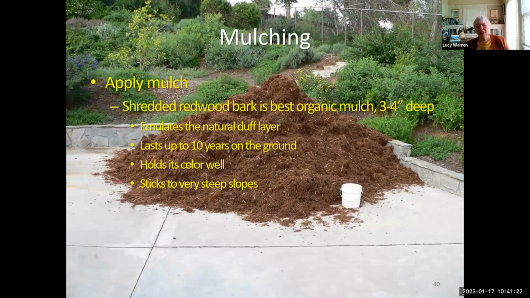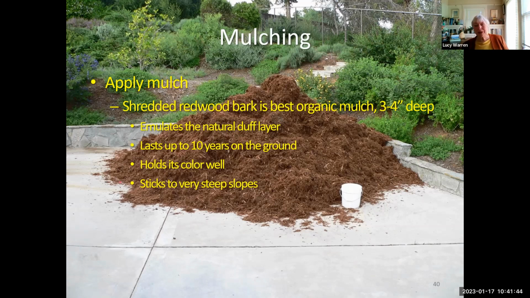Mulch. As I mentioned before, these California native plants like mulch, the right kind of mulch for the right plant communities. This is an example of what we call shredded redwood bark. It's a byproduct from the lumber industry. It used to be thrown away.